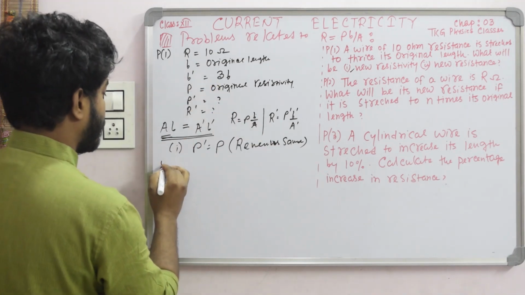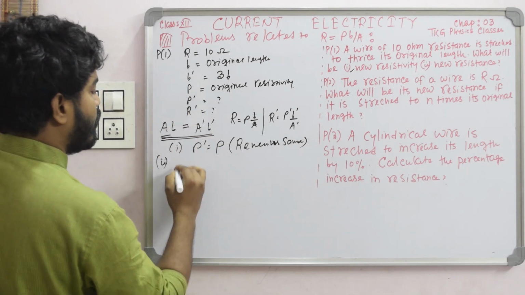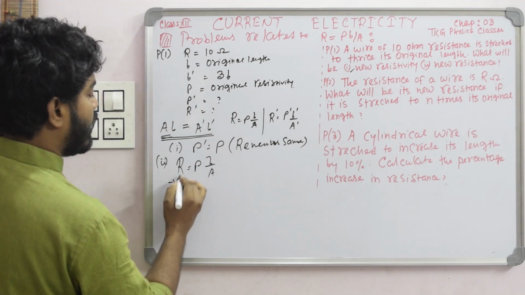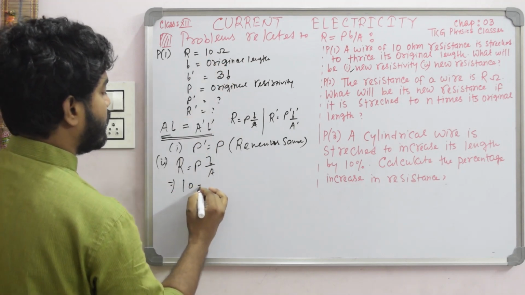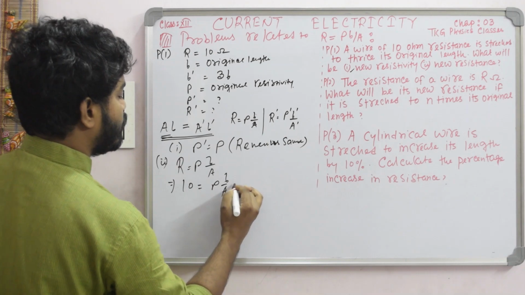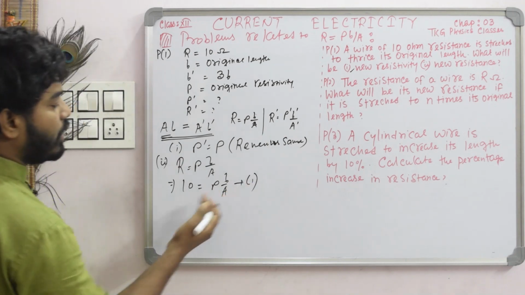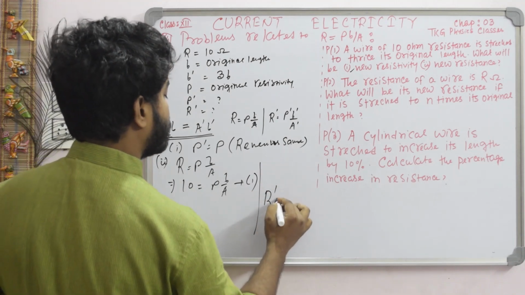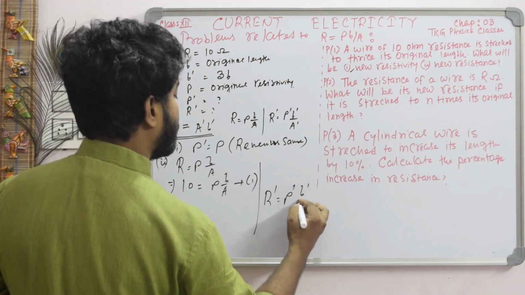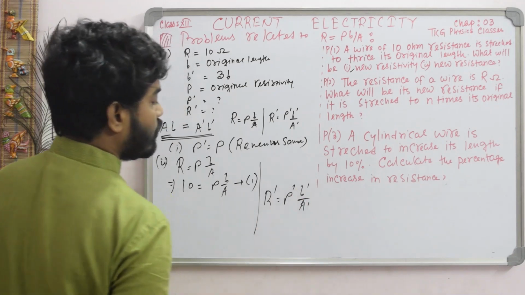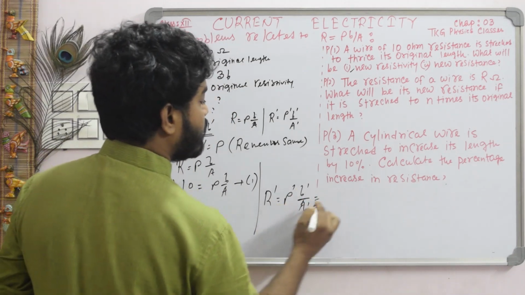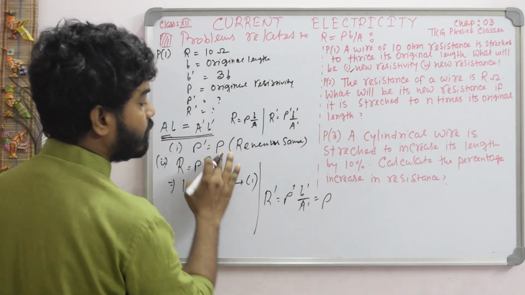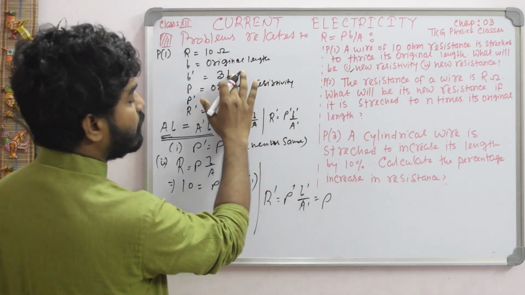For the second case, you have to find the new resistance. First of all write R is equal to rho L by A. In the place of R write the given value 10, that is rho L by A is 10. Suppose this is equation 1. Now for the second case write R dash equal to rho dash L dash by A dash. Rho dash remains rho, since resistivity remains the same, and L dash is equal to 3L.